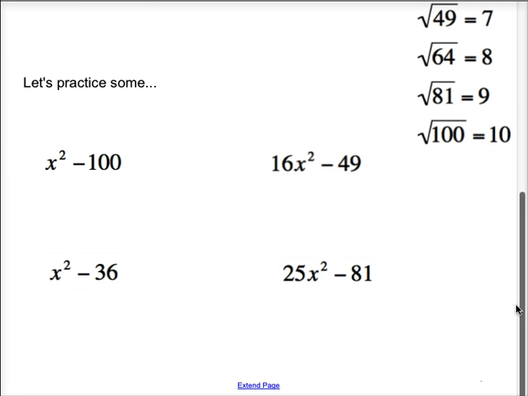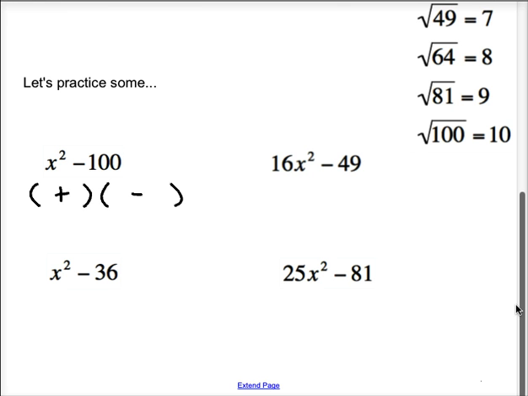So the first one, x squared minus 100. I know 100 is one of my special numbers. The square root of 100 is 10. And I see that there's only two terms. So right off the bat, I'm going to set up the plus and minus. That's kind of my structure for these difference of squares problems.